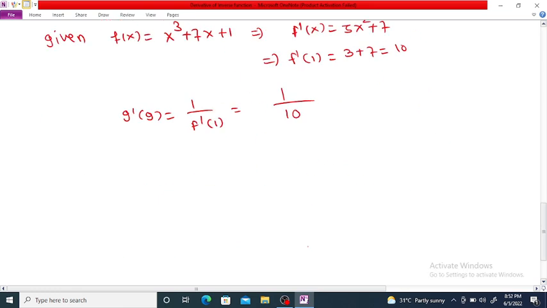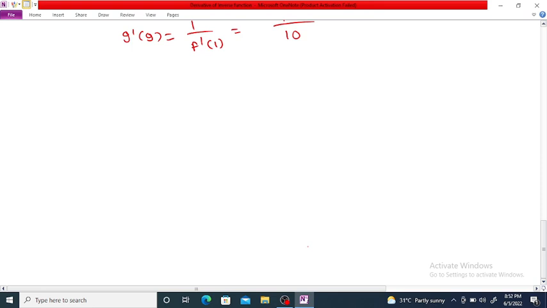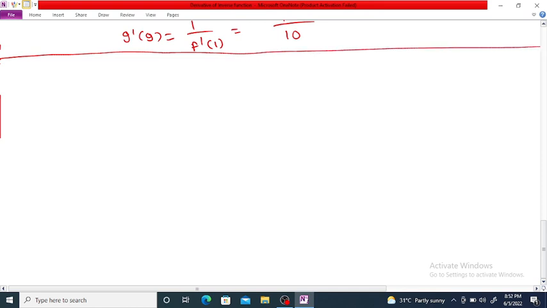Take one more example, say here, second example. Let f be a function from R to R, defined as f of x is equal to x raised to 5 plus 4x plus 3.